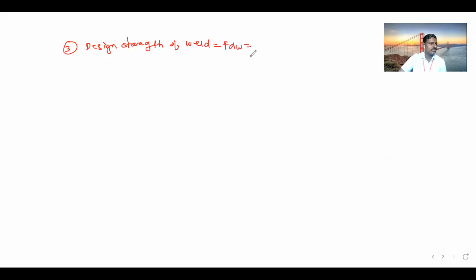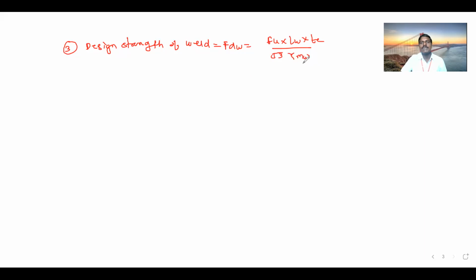So what is the design strength of weld? FU into LW into T upon root 3 gamma MW.